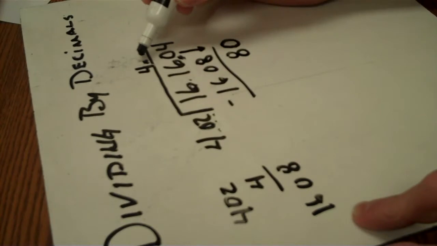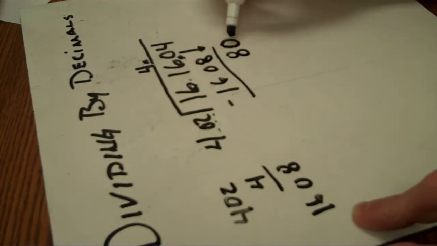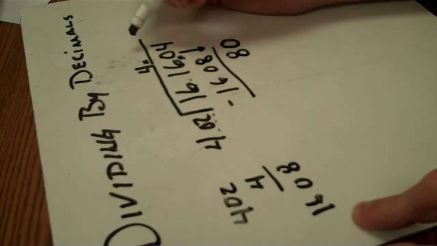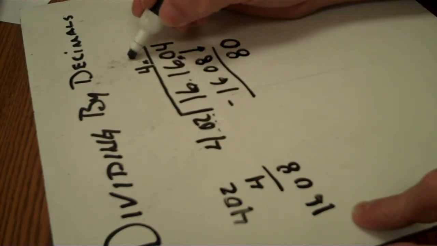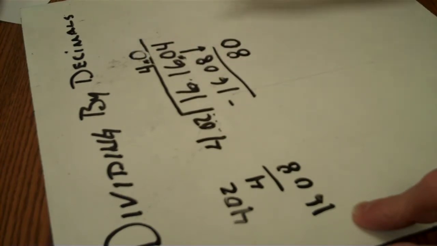Remember, anytime you bring a number down, you have to deal with it. So by dealing with it, it means that I have to see how many times I can cram 402 into 80. I can't. It's not going to work, right? So how many times will 402 go into 80? It'll go 0 times. 0 times 402 is 0.